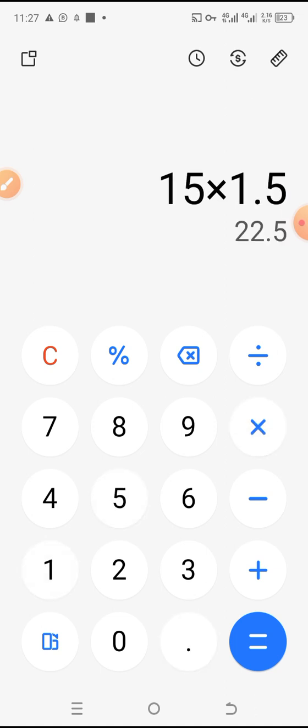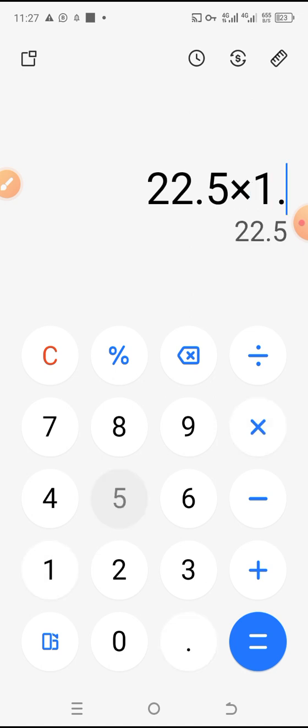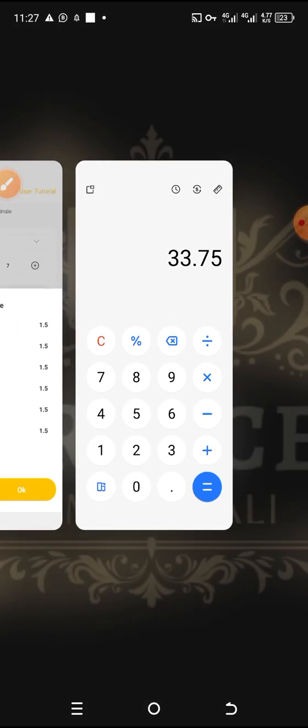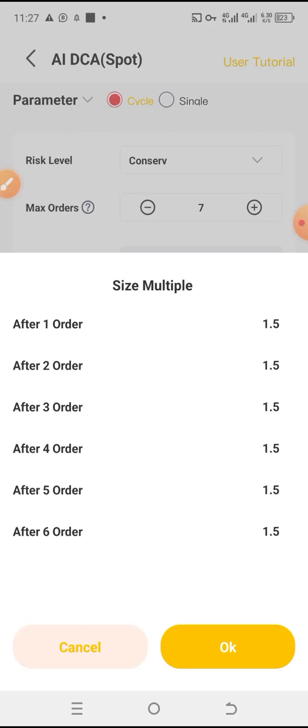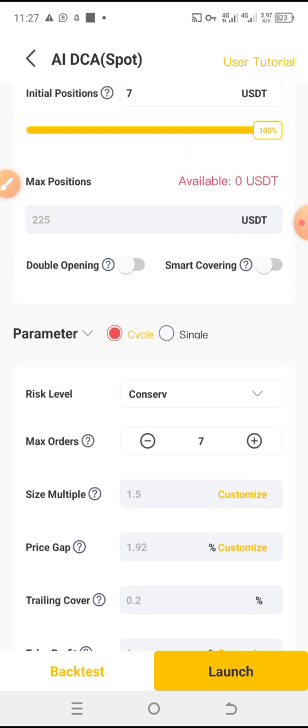So the next purchase, if it goes down again, will be 22.5. So this also times 1.5. The next purchase will be 33.75 and so on. So this is also automated. It has been set that way because we are trading AI. So that's that.